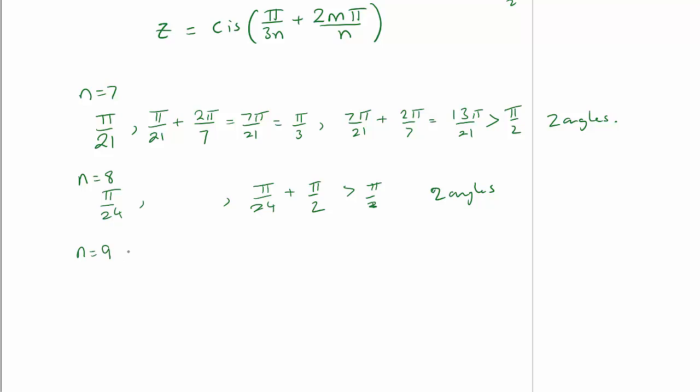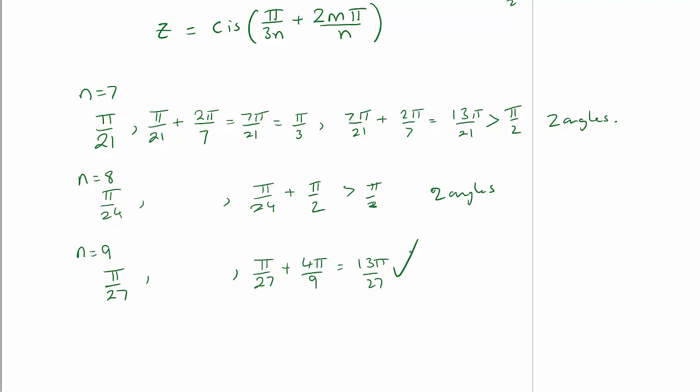And then we could try n equals 9. So we have pi by 27. We know the next one's definitely going to fit. What about the next one? Pi over 27 plus, so we've got m equal to 2, so it's going to be 4 pi over 9, which is 12 pi over 27, so altogether 13 pi over 27, and that fits.